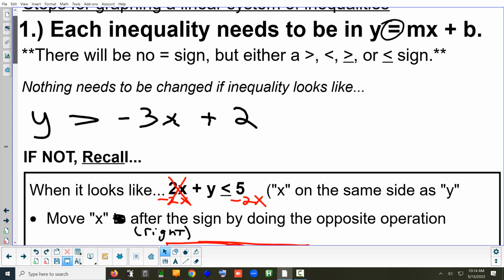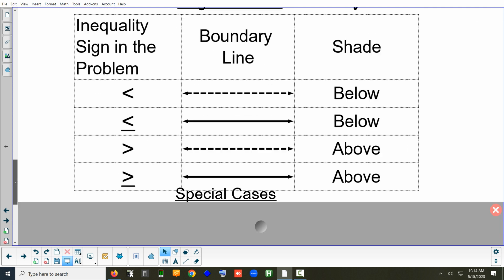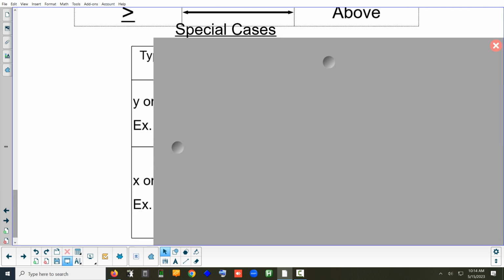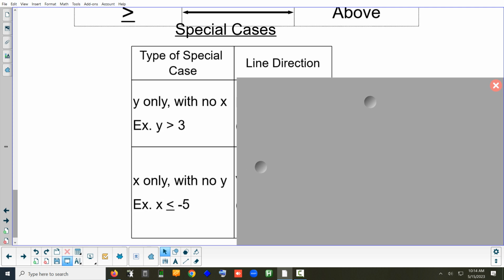Does anybody remember, how do we tell if it's a special case? Yeah. It only has a Y in it. If it only has a Y or an X, it's only going to have one of the letters. Okay, so let's say you had only a Y with no X. Here's an example.